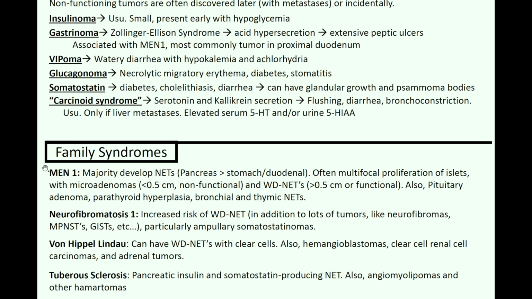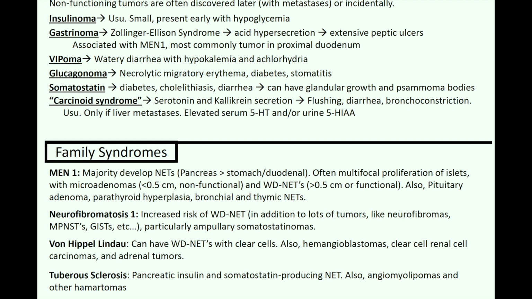For neurofibromatosis type 1, you have an increased risk of well-differentiated neuroendocrine tumors, in addition to lots of tumors like neurofibromas, MPNSTs, GISTs, etc., and particularly ampullary somatostatinomas. For von Hippel-Lindau, you can have well-differentiated neuroendocrine tumors with clear cells.